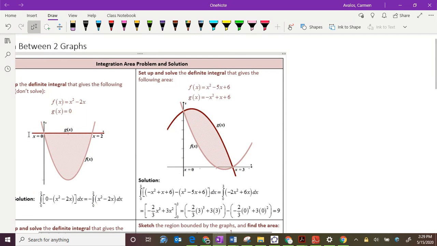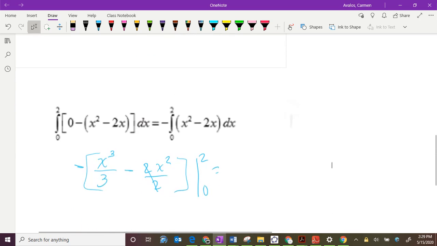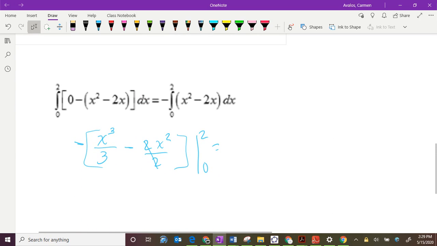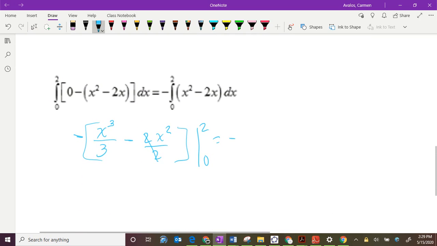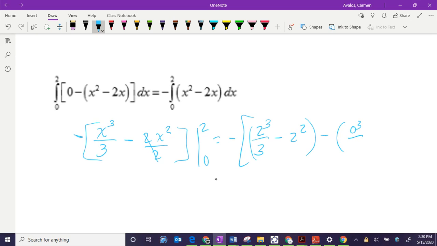So looking at this area here, we put in the negative, and then we do 2 cubed over 3 minus 2 squared, in parentheses, minus parentheses, and then we do it again, 0 cubed over 3 minus 2 times, well, I guess we don't need that 2 there. We don't need the whole thing here, but we'll just do it.